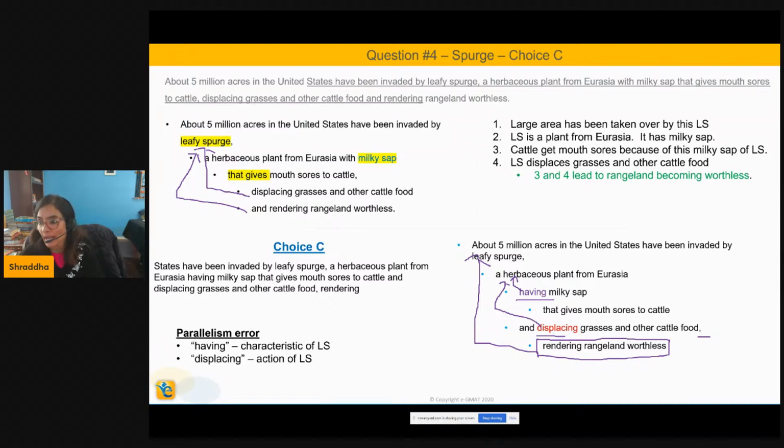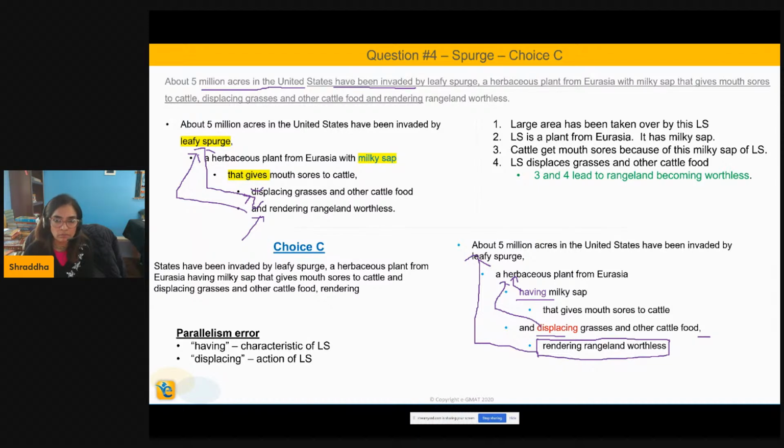So if I'm considering have been invaded as my modified action, this is the action that these two modifiers are referring to, then who is the doer of this action? 5 million acres in the United States. Do you think that 5 million acres in the United States displace grasses and other cattle food? Or is it that land area that renders rangeland worthless?